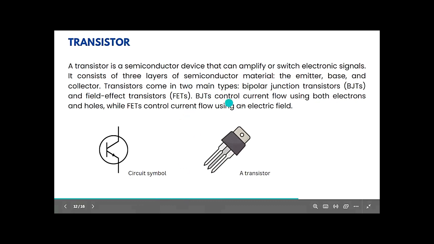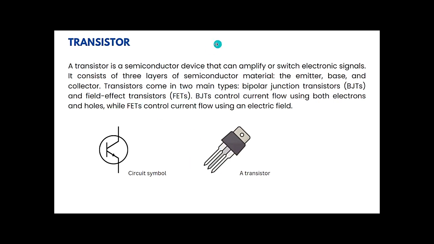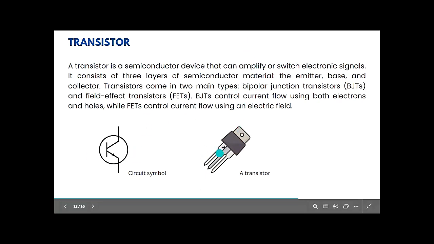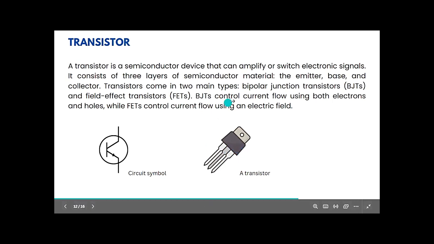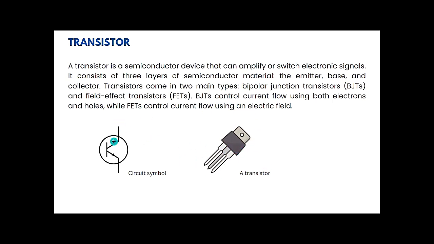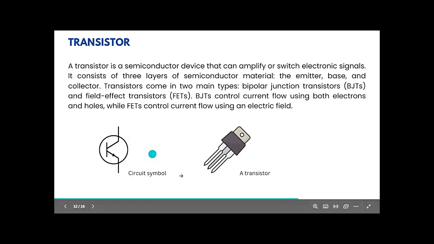The emitter is generally connected to the negative terminal of the battery or the energy source, the base serves as a controller which controls the current from the emitter to the collector, and the collector is the output of a transistor.